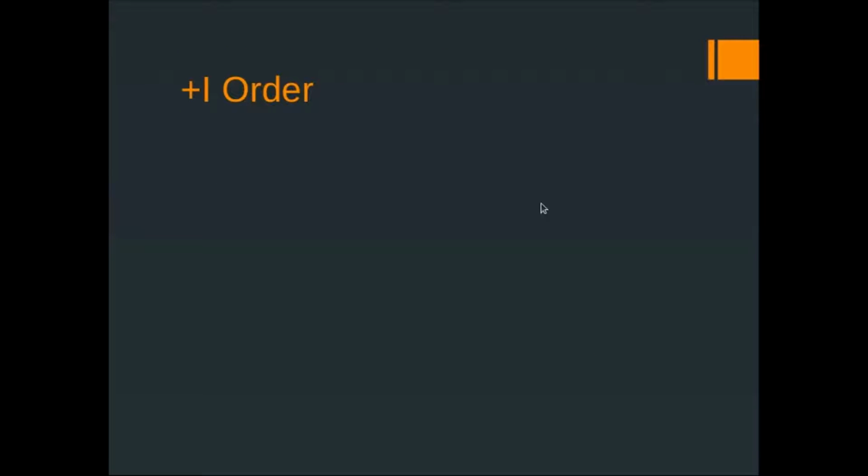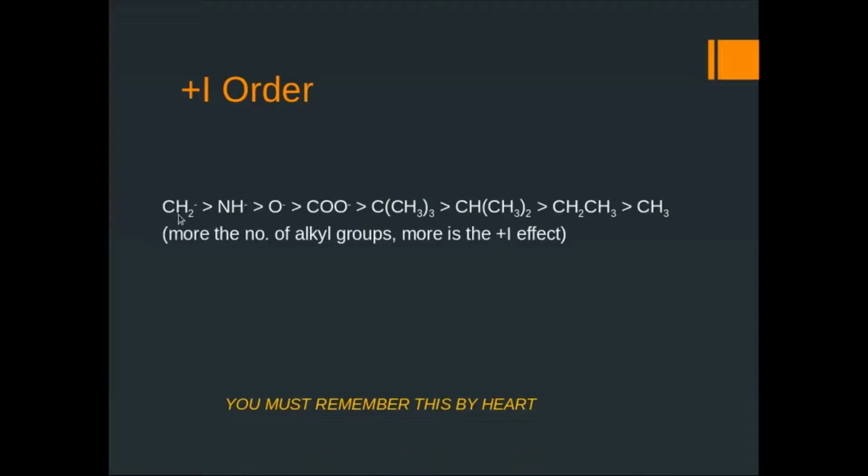Now we are going to show you the +I effect order of some species, which you have to remember by heart. First of all, it is CH2 minus ion or methylene ion, then amide ion, then oxo ion, carboxylate ion, then neopentyl group, isobutyl group, ethyl group, methyl group.